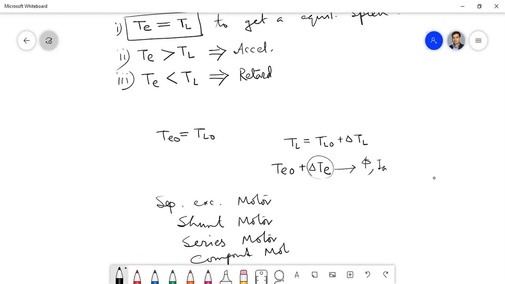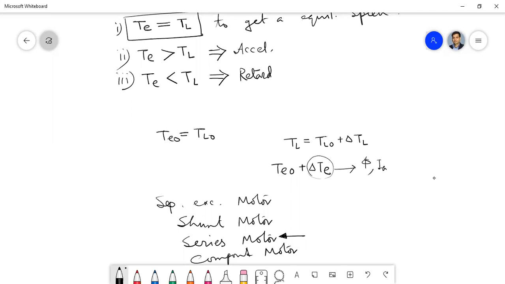These are the categories of DC motors. Series motors are very popular and used for traction applications, like in railways, in metro, in tram. Everywhere you use DC series motors.